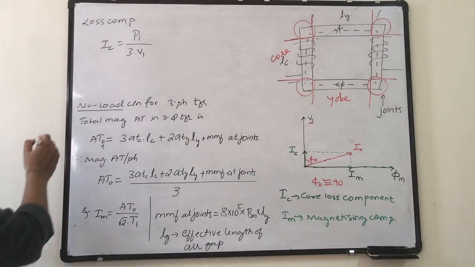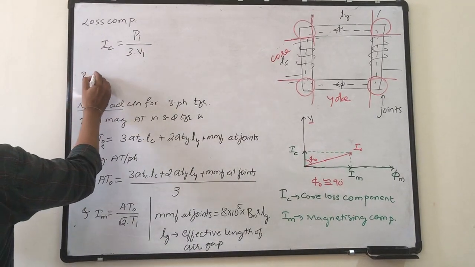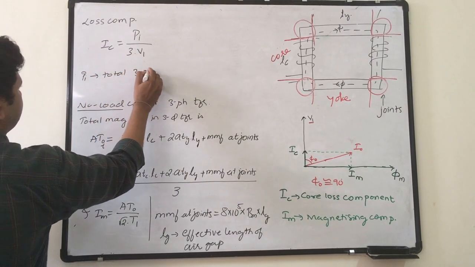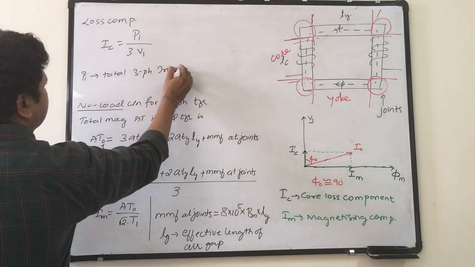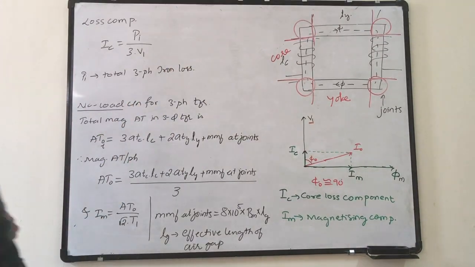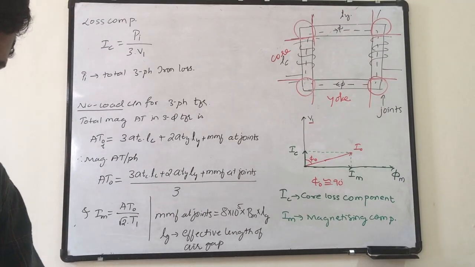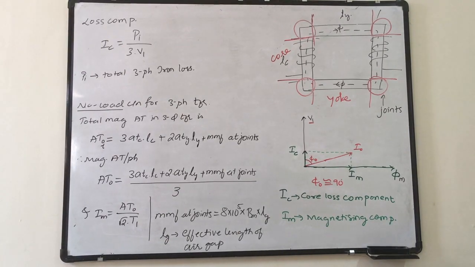Pi is the total three phase iron loss. Okay, divided by 3 into V1. So this is how I can get the components of no load current, and once I know the components of no load current, conveniently I can have the no load current value with me.